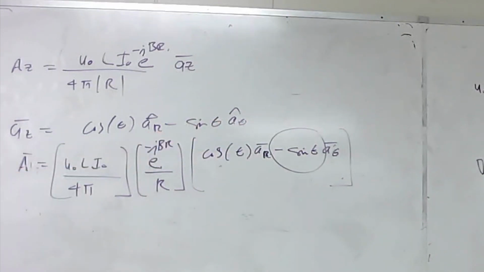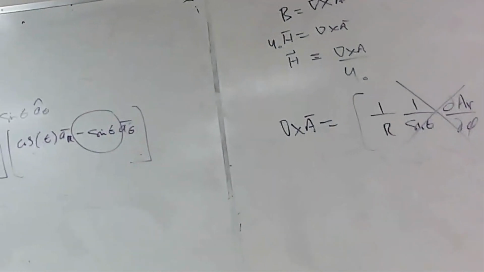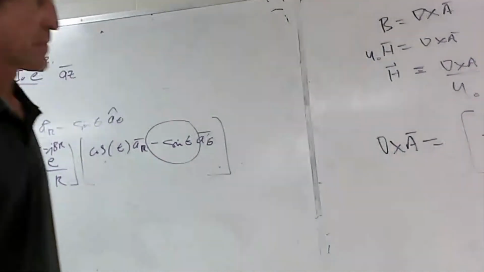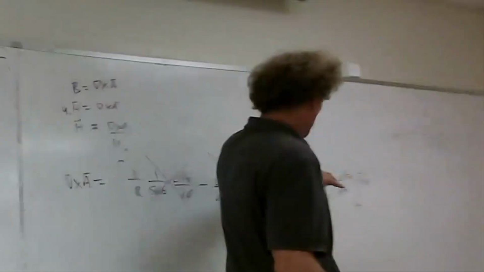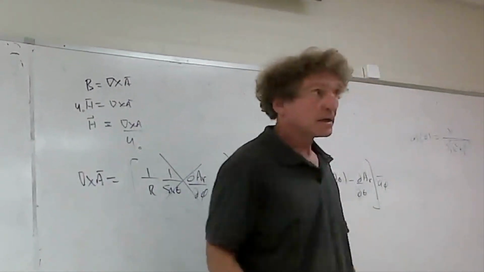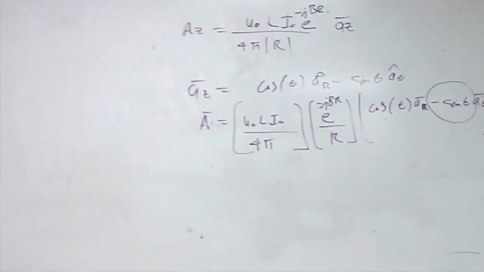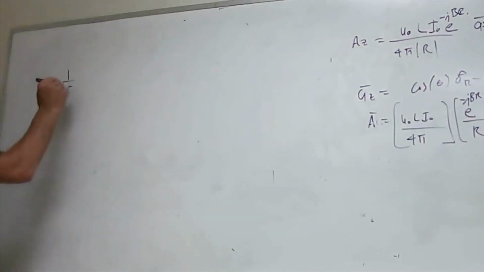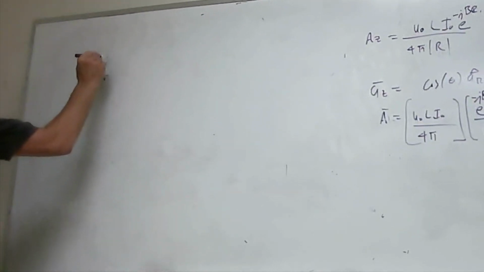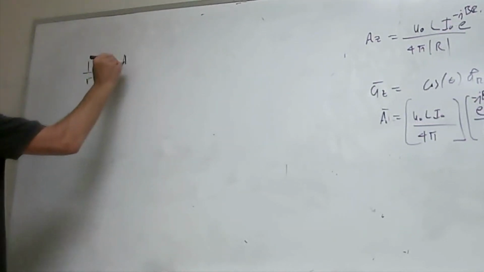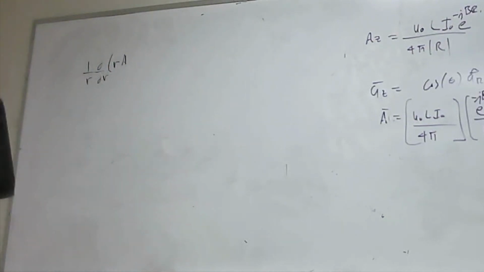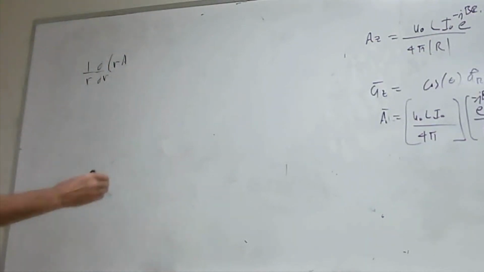The Ar coefficient doesn't exist. When I take a look at this, here's where I'm going with this. This part of the derivative, you all with me? So I'll put it down there, so it's 1 over r, 1 over r d/dr of r times A theta.